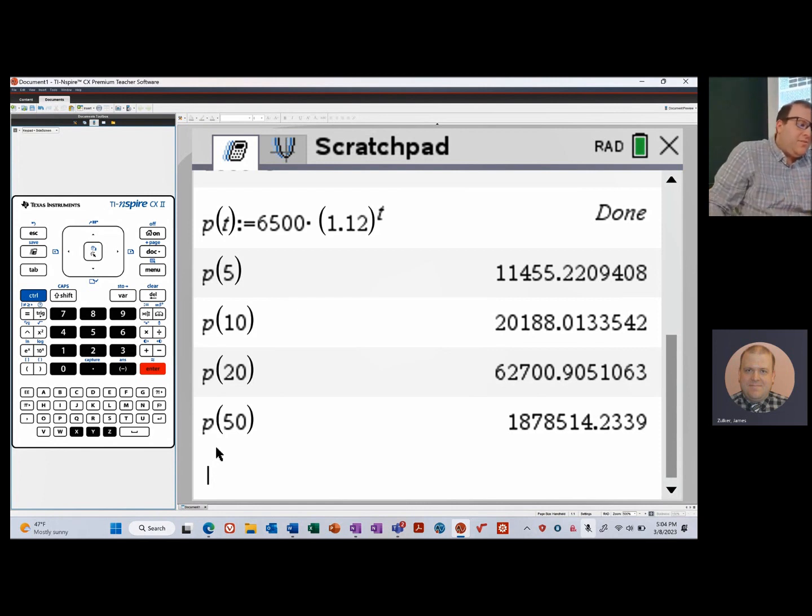Right, but I mean, if you only leave it in there for 5 years, you're not gaining a lot. Right, this is the power of time. Let's say you want to work another 10 years.